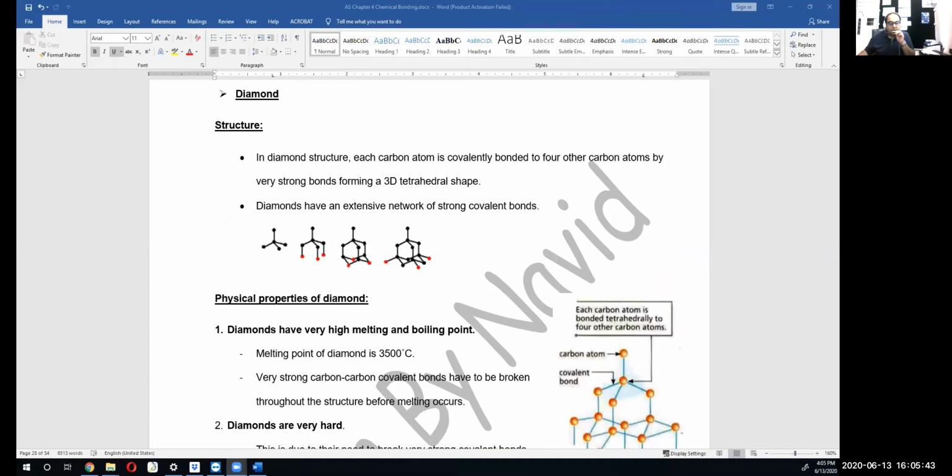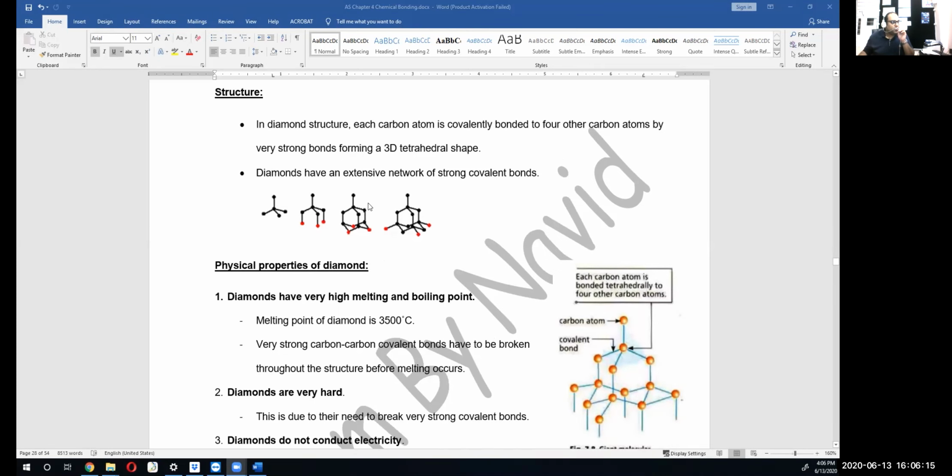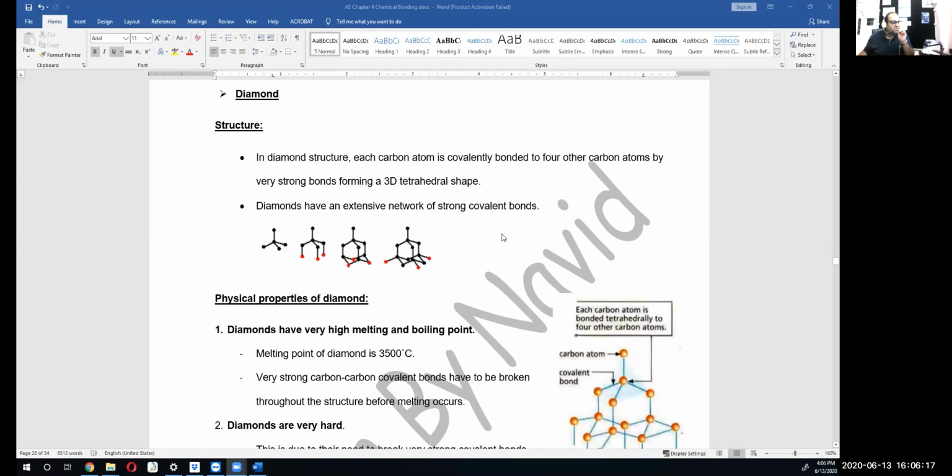Like a top with 3 legs, and the angle between each bond is 109.5 degrees. So write this down, structure of diamond.